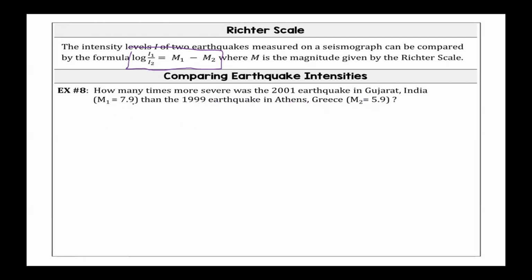So your M1 is 7.9, minus M2, which is 5.9, and it equals log of intensity 1 divided by intensity 2. 7.9 minus 5.9 is 2.